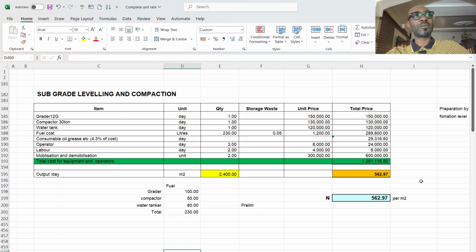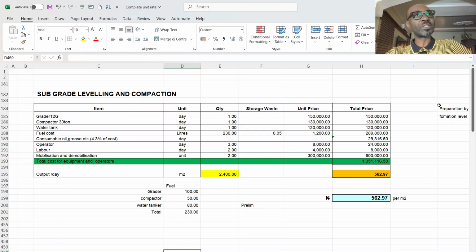For this process, you need the excavator, the grader, the compactor, and then the water tanker. Because when you excavate, the excavator is not excavating to level.